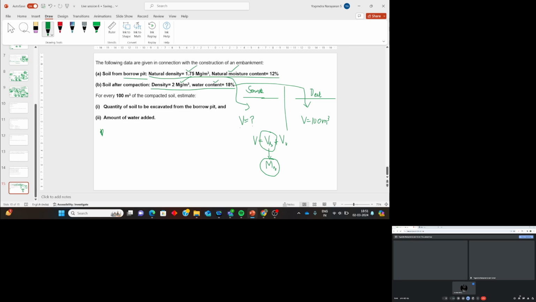So the constant value that is present here is weight of solids, and that you need to calculate.